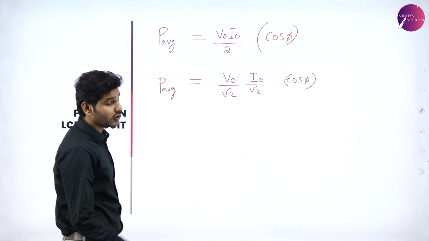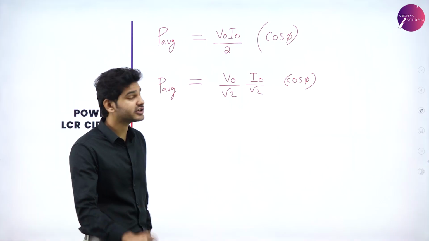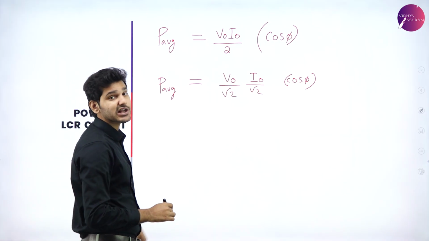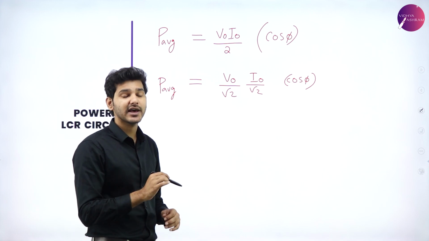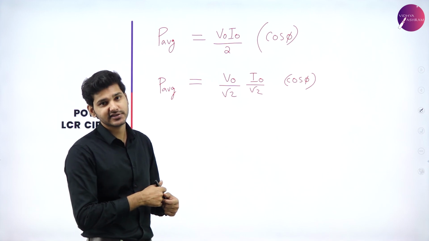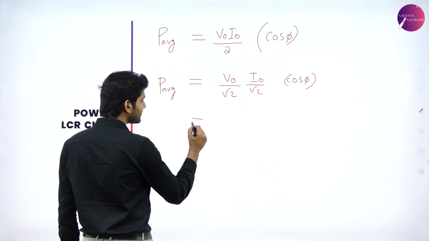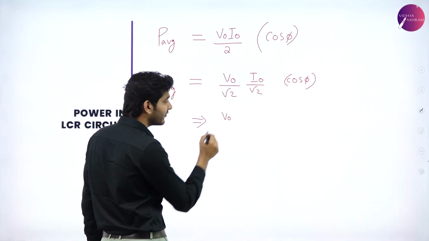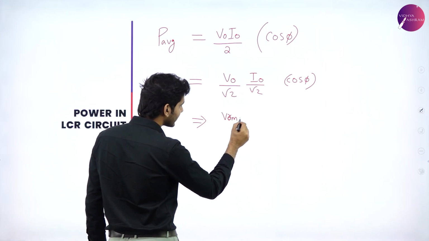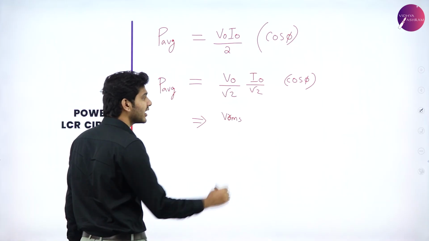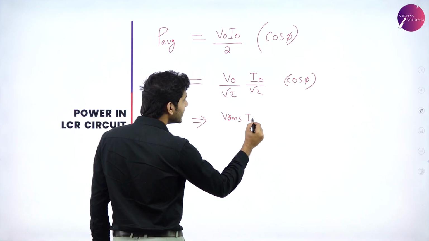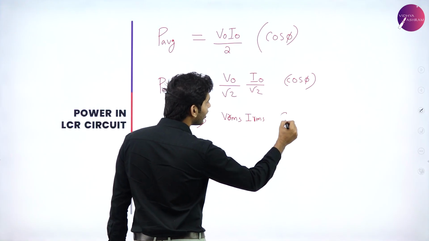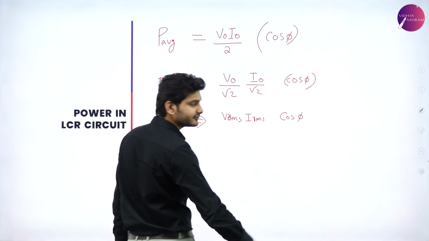But again, we know one more equation. This is the last substitution: V naught by root 2 and I naught by root 2 are actually the RMS values that we obtained in the previous classes. So I can write this particular equation as V naught by root 2 will become V RMS into I naught by root 2 will become I RMS into cos phi.